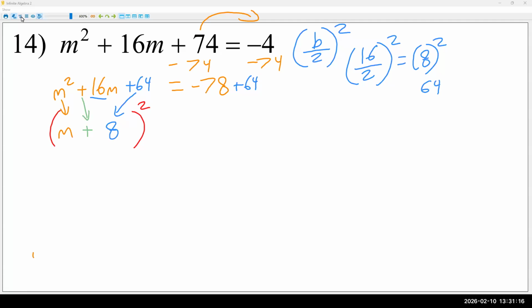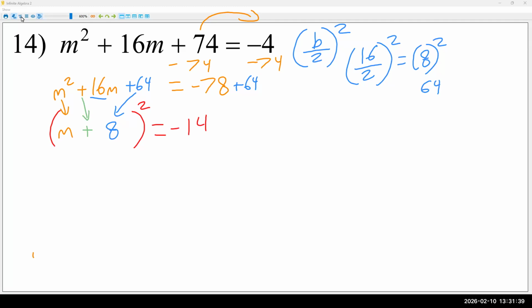And then what's that going to equal? It's going to equal negative 78 plus 64. Let's see here. That should be negative 14, I believe. Double check that. Yep. All right.